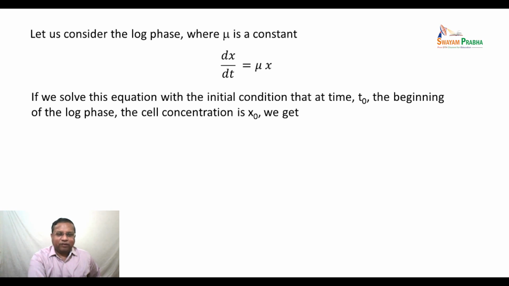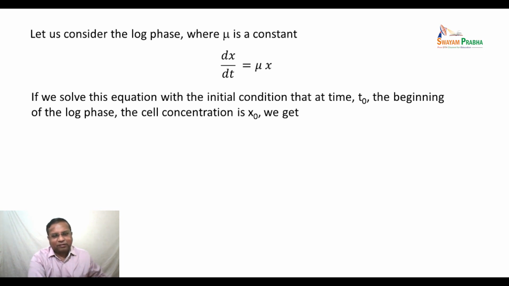If we solve this straightforward first order differential equation, you need at least one initial condition to solve. So the initial condition is as follows: at time t equals t0, which is the beginning of the log phase, not the beginning of the batch, the cell concentration is x0. x0 may not be very different from the concentration at the start of the batch, but sometimes there might be a difference.